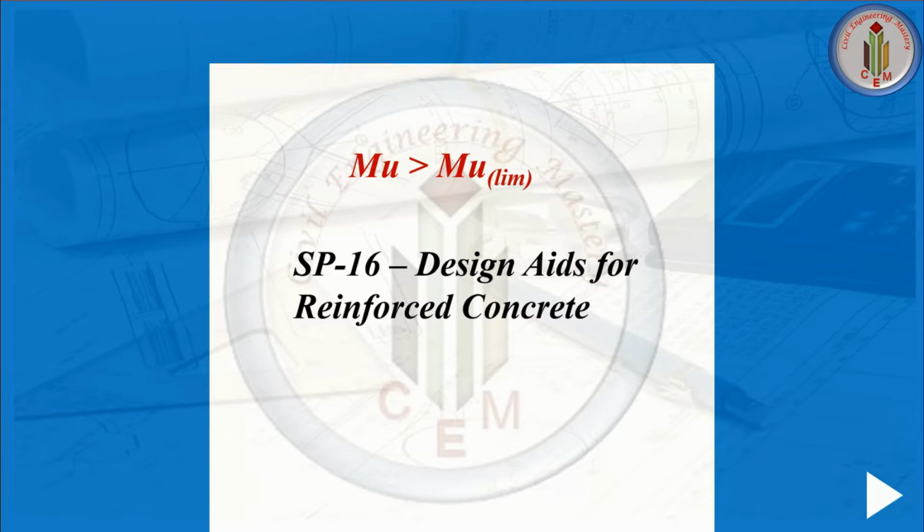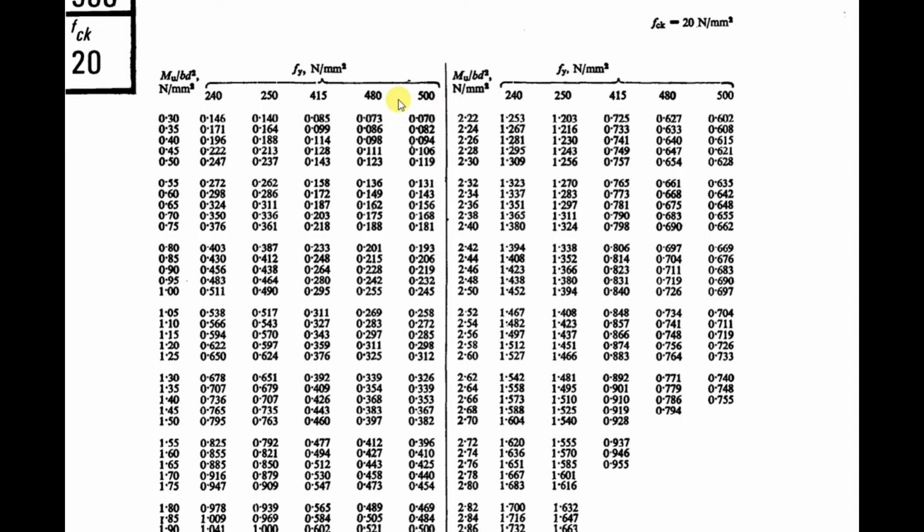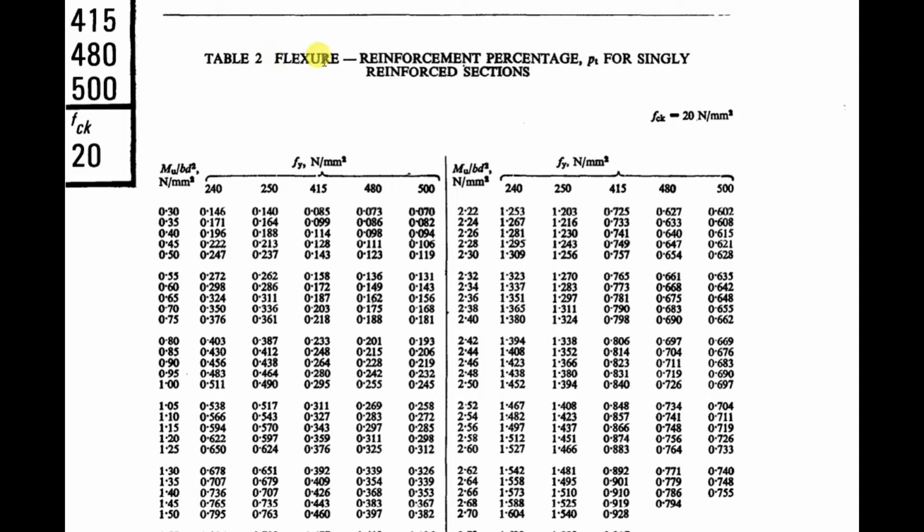Apart from this we have the code SP16 as well, design aids for reinforced concrete. In this also we have limiting values that I'll show you now. This is SP16 Table 2, where reinforcement percentage is given for a singly reinforced section. The concrete grade is fck 20 Newton per millimeter square.